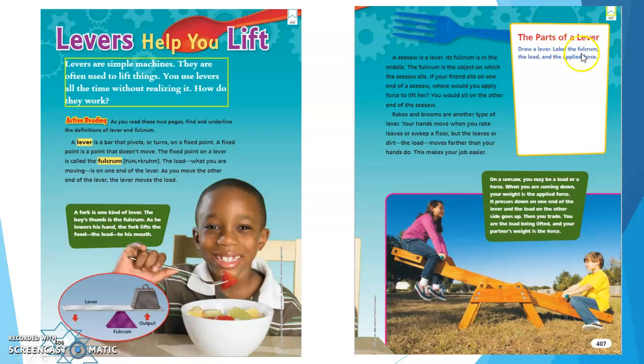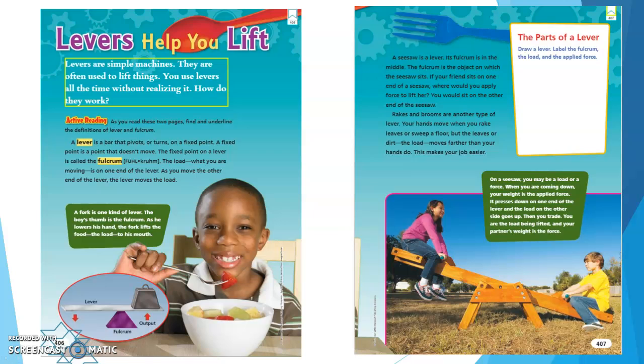The parts of a lever. Draw a lever. Label the fulcrum, the load, and apply force. Okay, you will draw a picture, but before that, you have to underline what is on page 406.